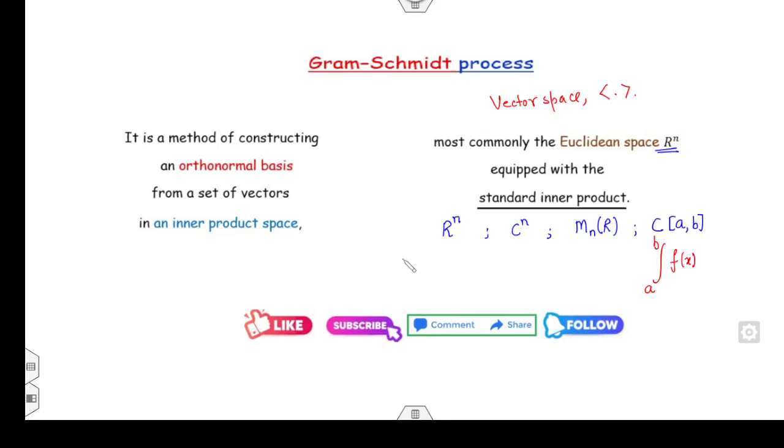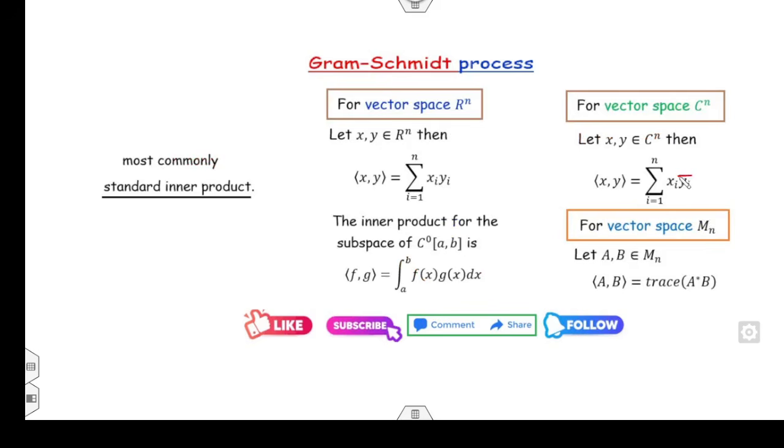In R^n, if you have two vectors x and y, then the inner product is defined like the dot product of them, the sum of x_i y_i. On the complex plane, instead of y_i, we define the complex conjugates. In the space of continuously differentiable functions, the inner product f comma g is defined as the integration from a to b of f(x) into g(x).